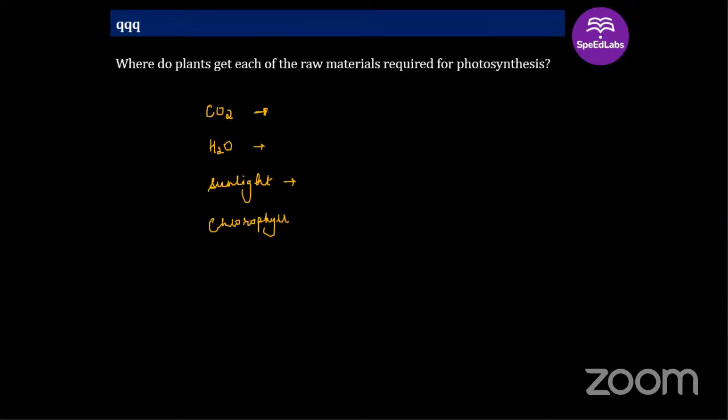Sunlight, chlorophyll. Where is chlorophyll present? Sunlight is from the sun. Right, where is chlorophyll present? Chlorophyll is found inside the chloroplast, the cell organelle, right?